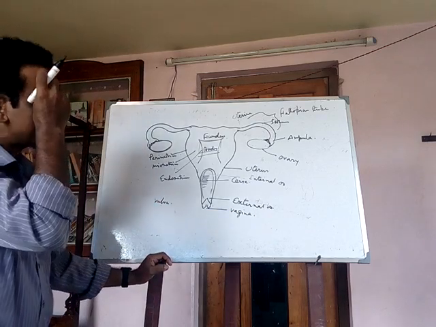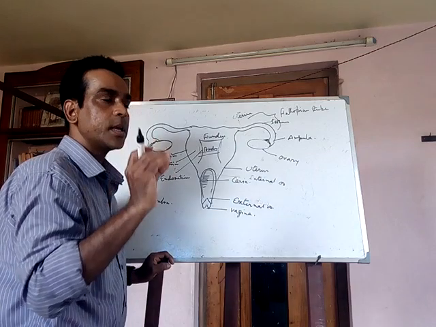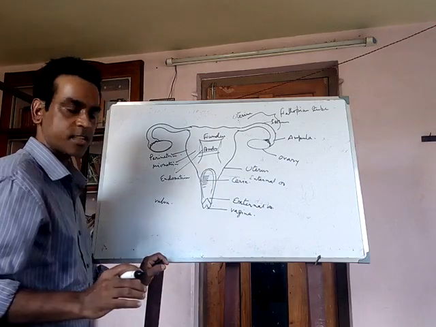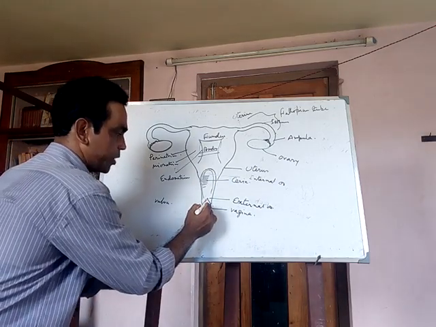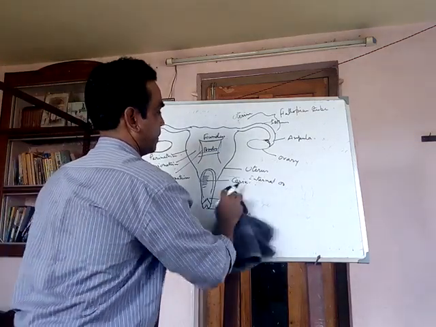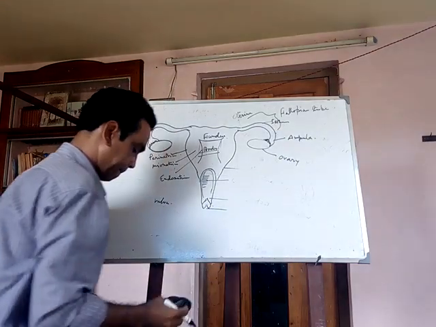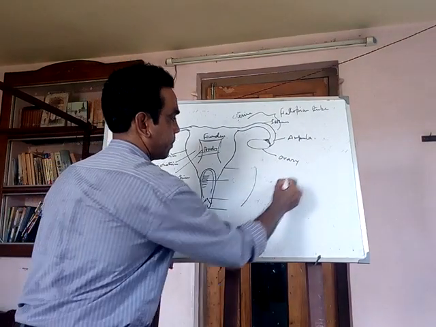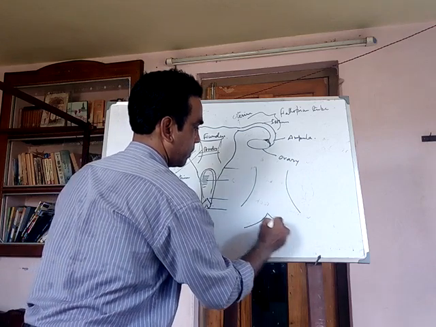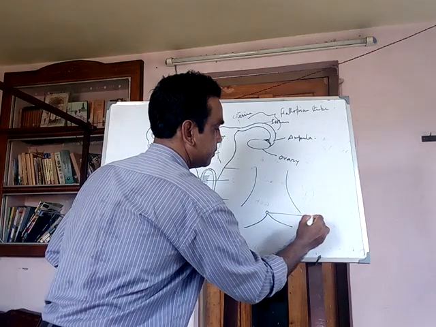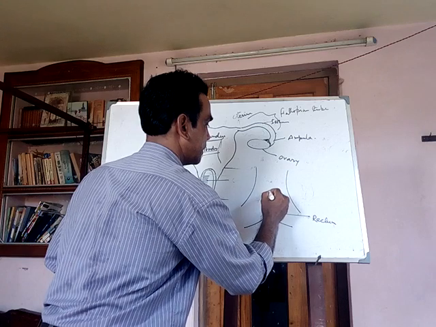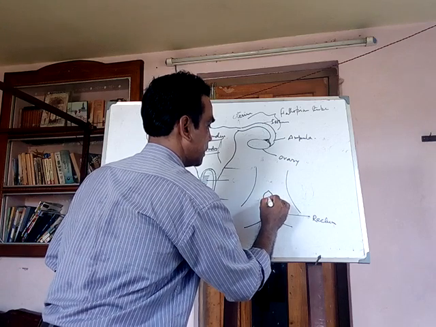The vulva is made up of some distinct parts which show in the vaginal structure. That is the mons pubis. Here is the rectum, and that is the vaginal pore.